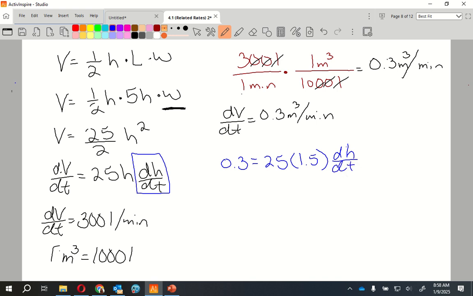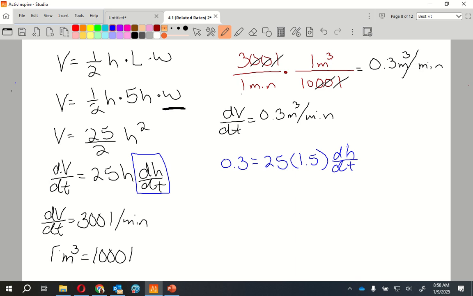And that's what I'm trying to get by itself. What's that going to be? 25 plus 12.5, so it's going to be like 37.25? What is it?